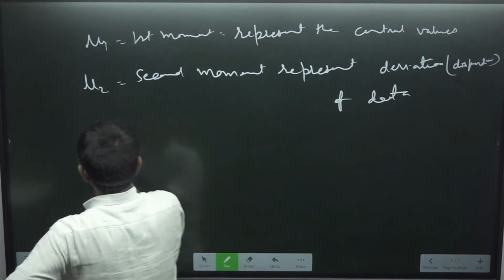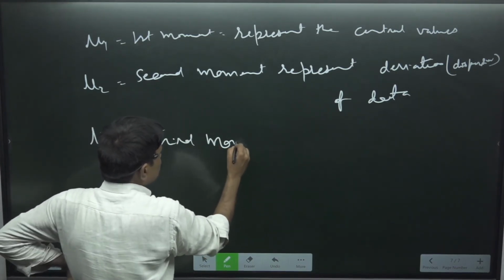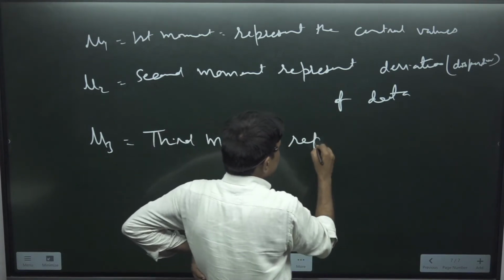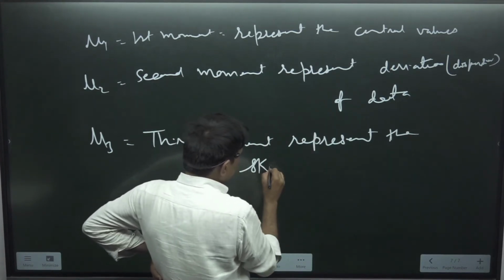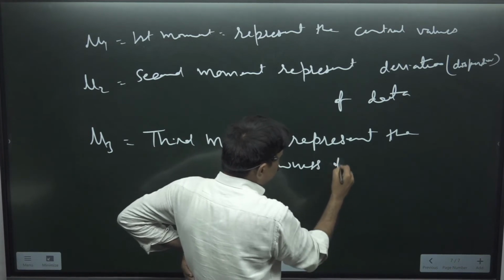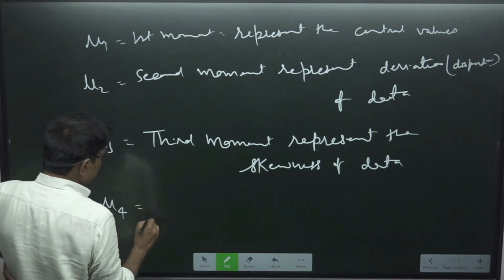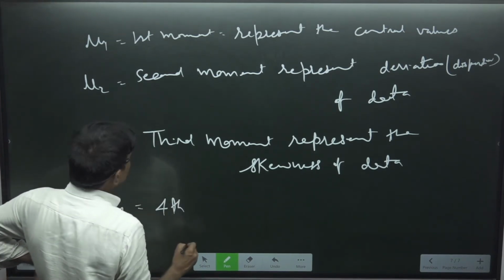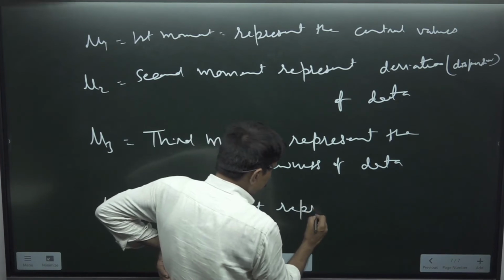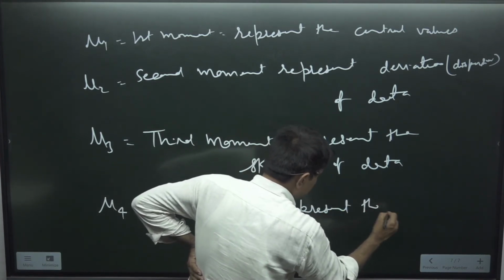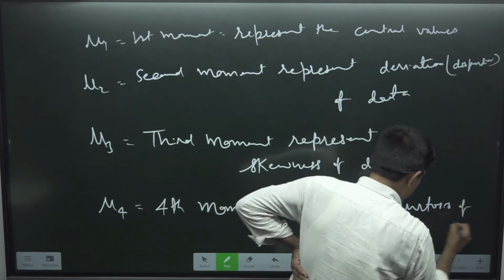And third moment represents the skewness of data, and fourth moment represents the kurtosis of data.